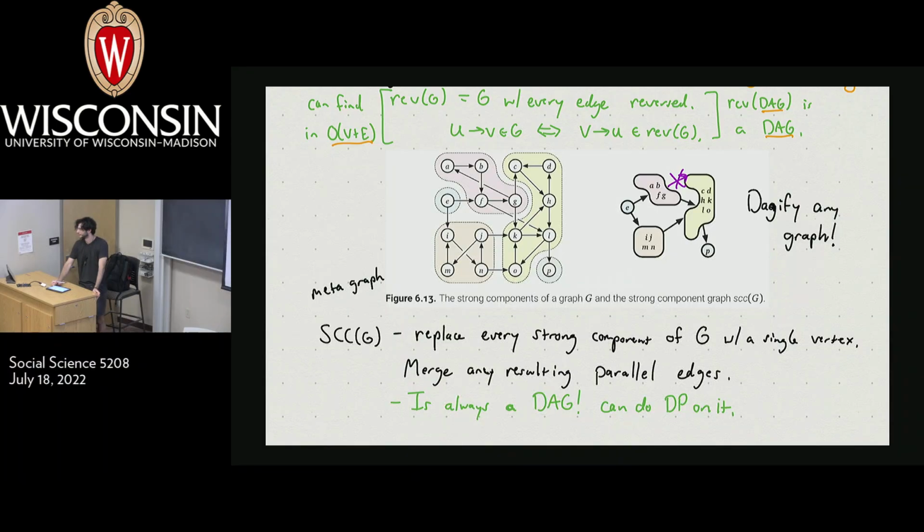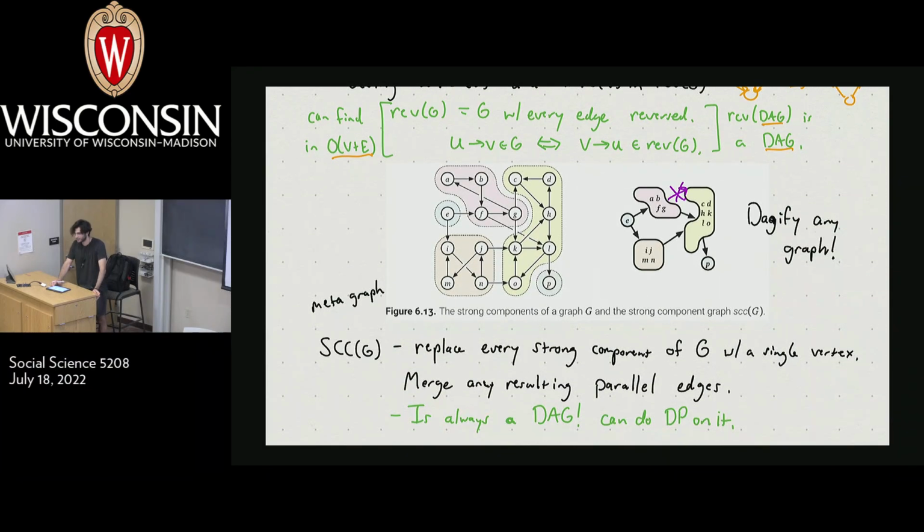Yes? Can you elaborate that you can do DP on it? Yeah, so remember we can always do DP on a DAG because there's no cycles. In this graph, there are cycles, so we can't do DP. But if we DAGify it, we can do DP on this graph. And maybe doing DP on this graph, depending on what your subproblems are, might translate into a solution for whatever you originally wanted.